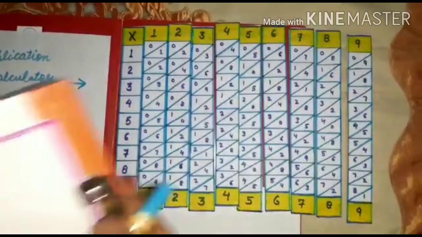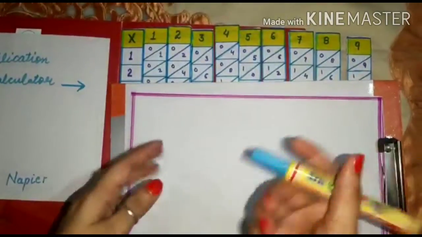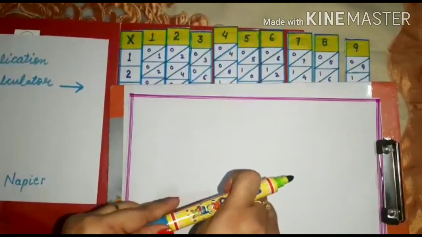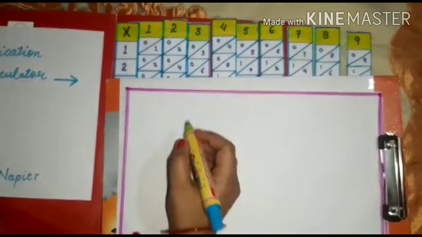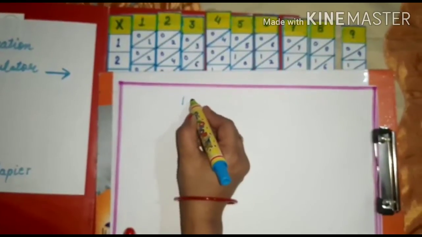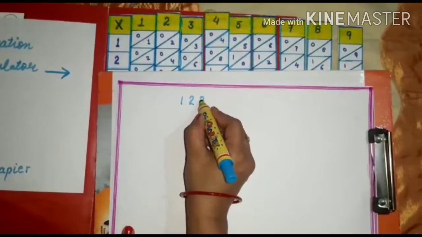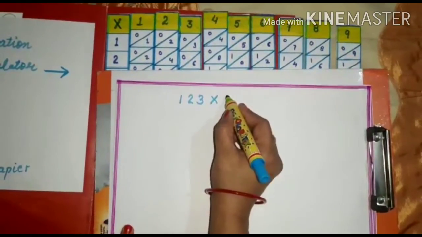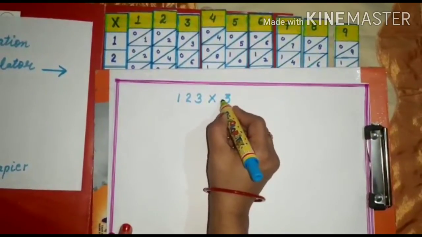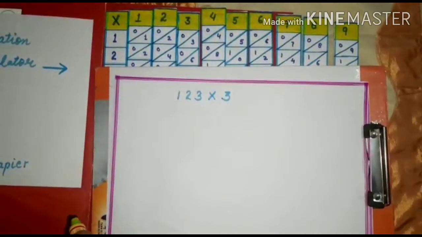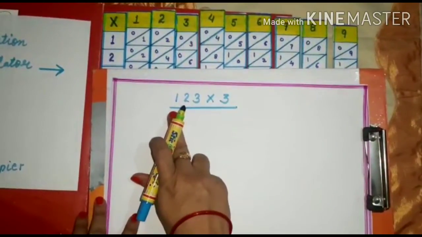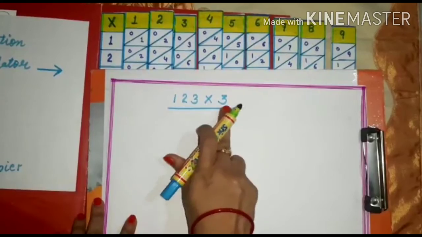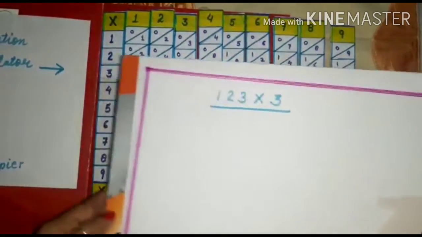Take a writing pad, or a paper, and a pencil or color, whatever you like, for doing the calculation. Let's start with a simple calculation first. I am taking the 3-digit number 1, 2, 3, and I am going to multiply it with 1 digit, 3. So the numbers we have used are 1, 2, 3 and 3.